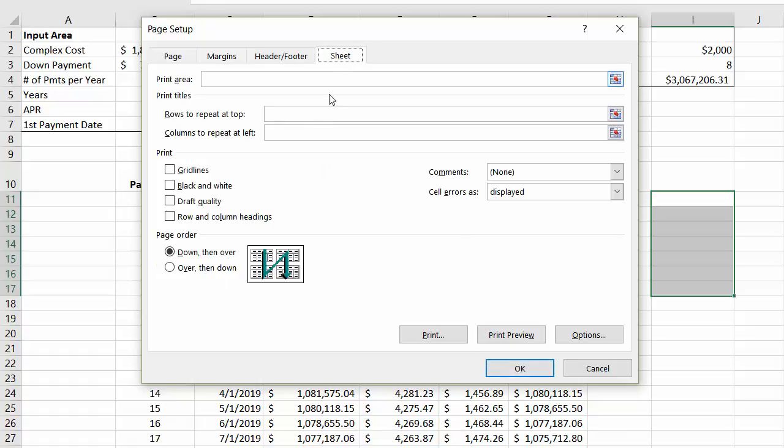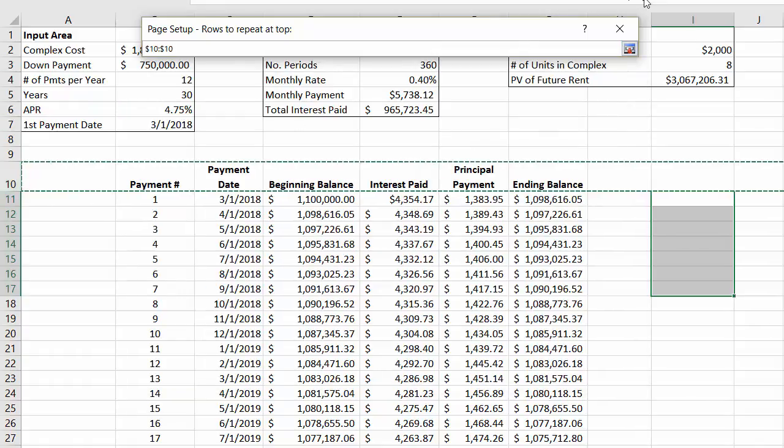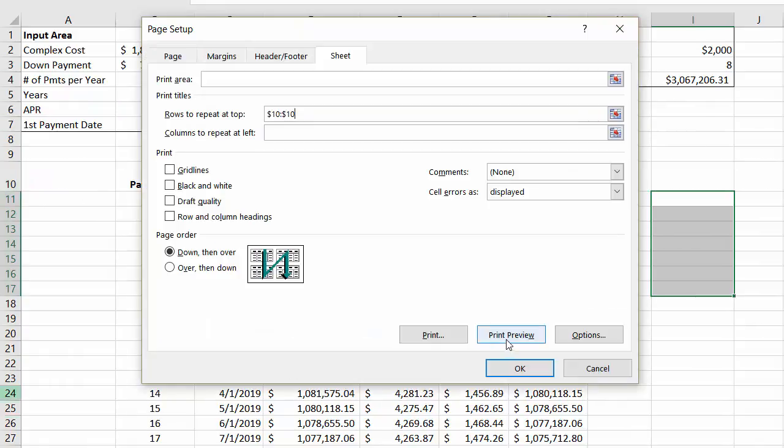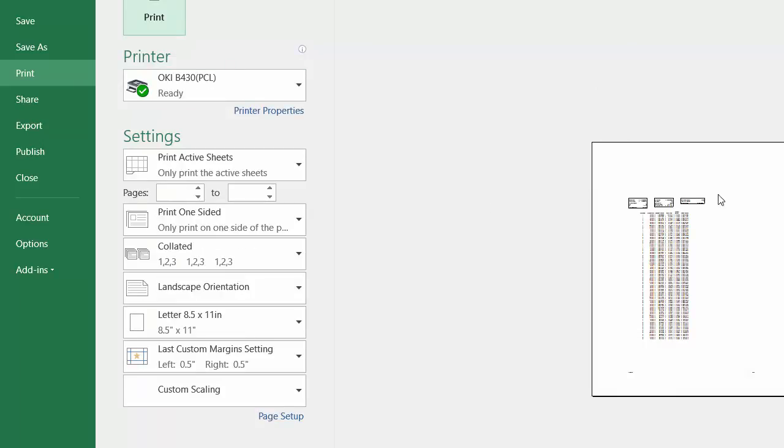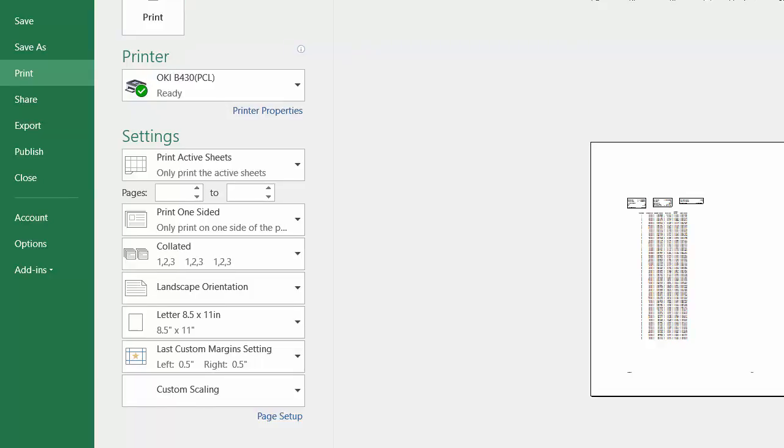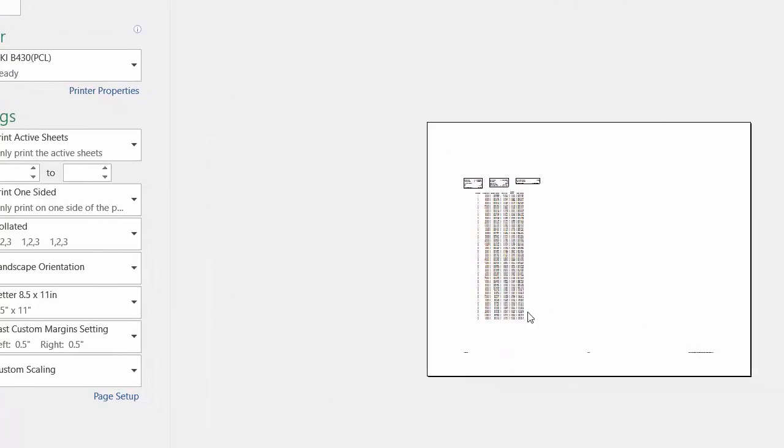I'll come over to sheet, rows to repeat at top, this row. I do a print preview, and let's see, move that over a little.